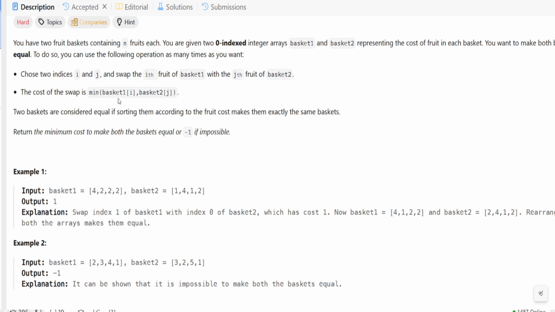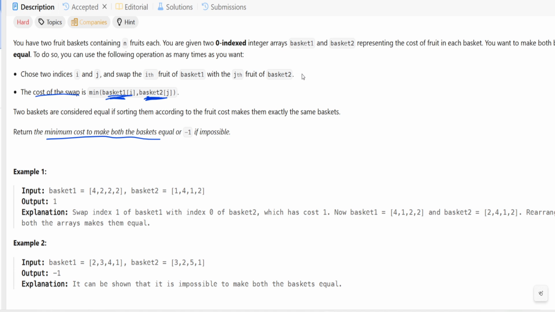We have two baskets, basket 1 and basket 2, and this is nothing but the cost of the fruit at index i, and this is the cost of the fruit at index j. We want to make both identical after swapping the fruits between the baskets, and you can get the cost of the swap. So we have to return the minimum cost when we swap it, right?